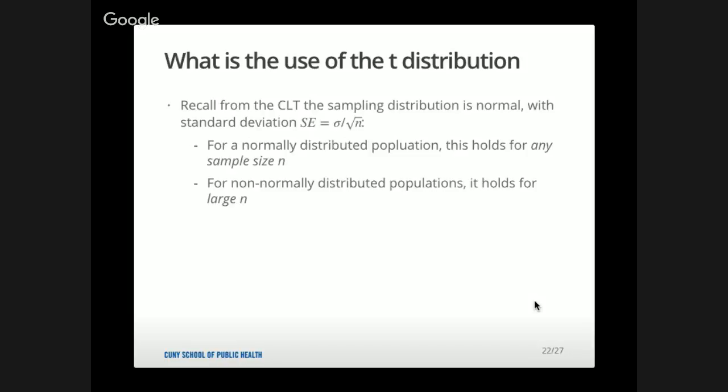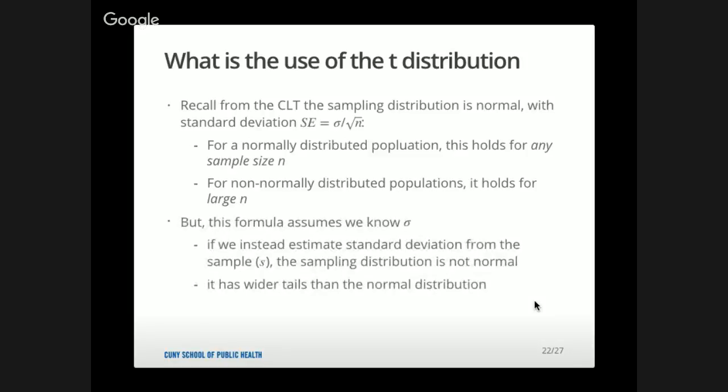When you have a normally distributed population, that is true for any n. It's true for n equals 1, n equals 2, any n. And for non-normally distributed populations, it's only for large n. But that's assuming that we know sigma, the standard deviation in the population, which normally is not the case.